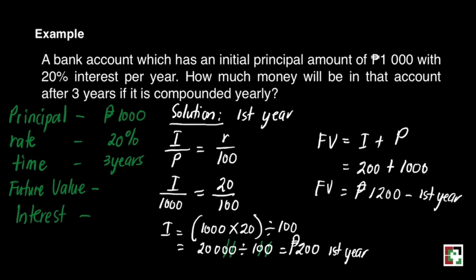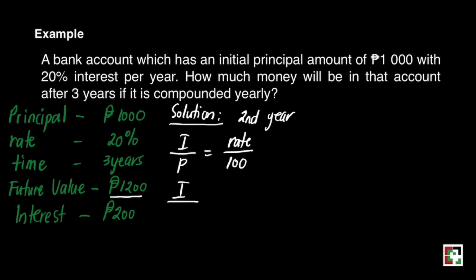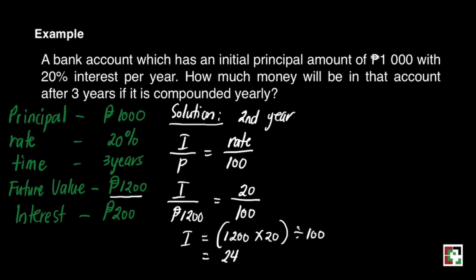Let us just write our future value here. That's 1200 and our interest is 200. We will be needing that later. For the second year of compound interest, we'll be needing the future value that we had a while ago in the first year, and that is 1200. That's going to be I over 1200 is equal to 20 over 100. That's I is equal to 1200 times 20 divided by 100.